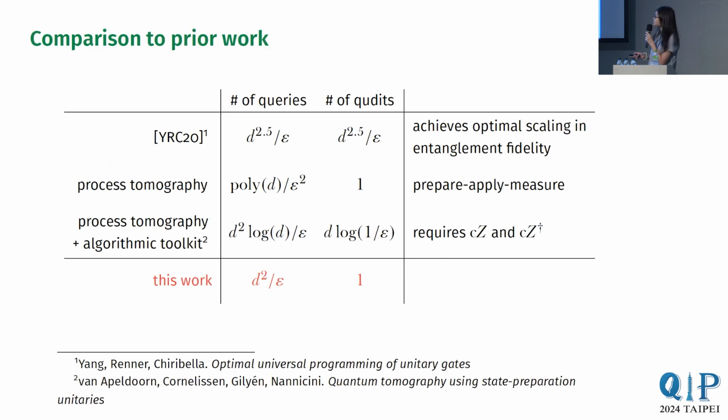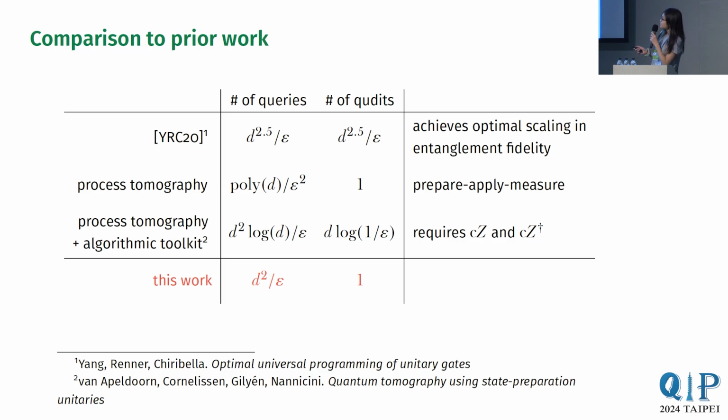Okay, so the prior work. Surprisingly, we are not aware of anybody who's studied this particular problem specifically. The closest work is that of Yang, Renner, and Chiribella. They solve this problem on the way to solving another problem that they're concerned with, this universal programming problem.